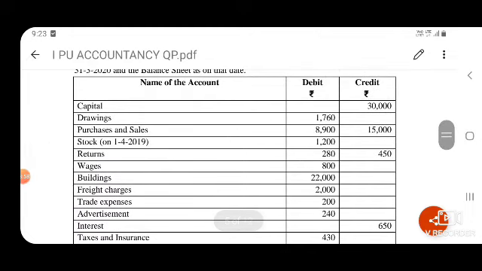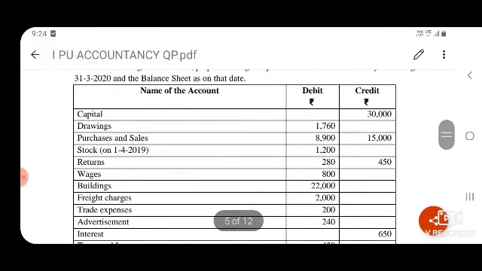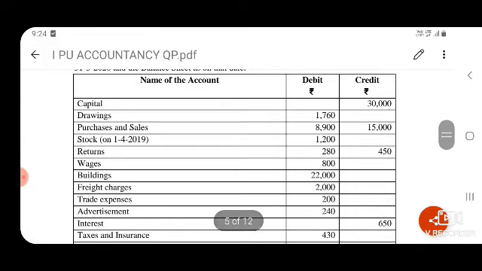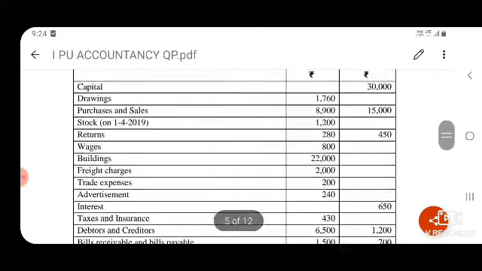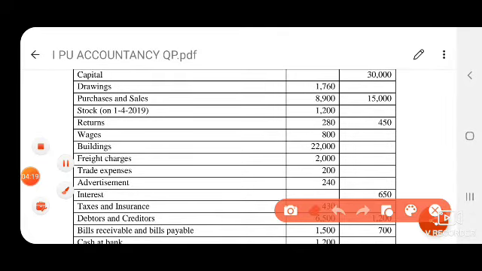The final accounts rules: trial balance items should be entered only in one place, either trading account, profit and loss account, or balance sheet. Capital goes to balance sheet, drawings balance sheet, purchase and sales trading account.